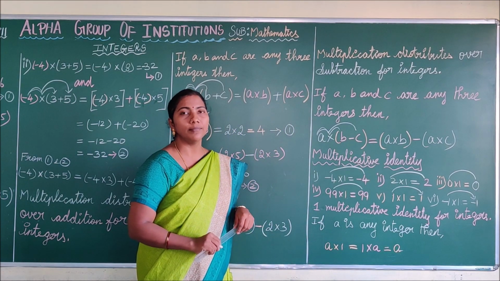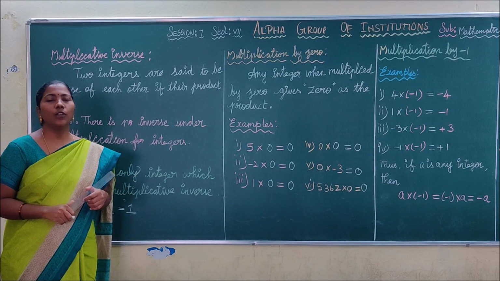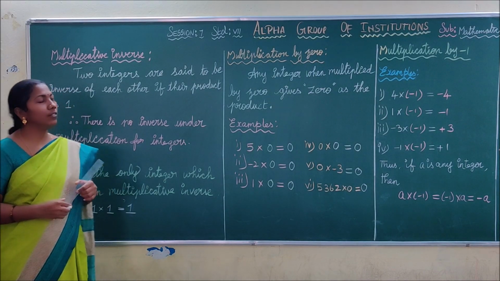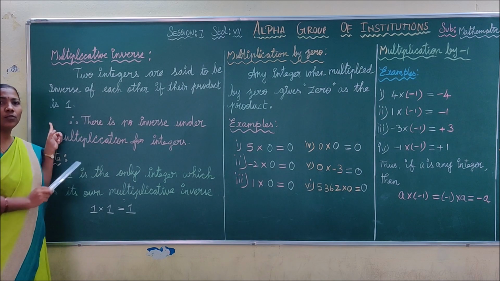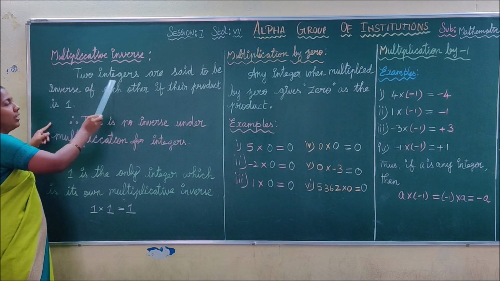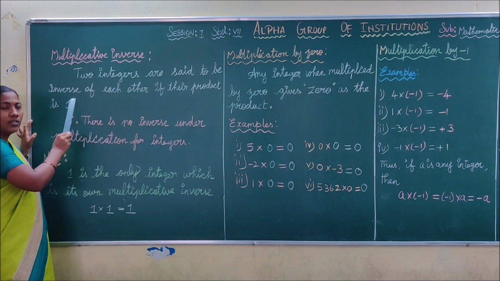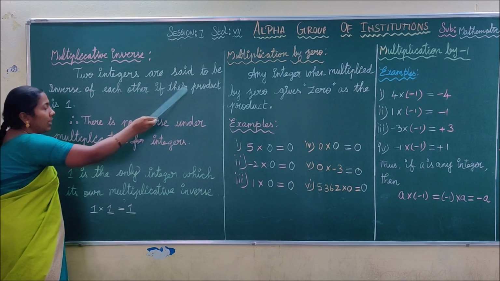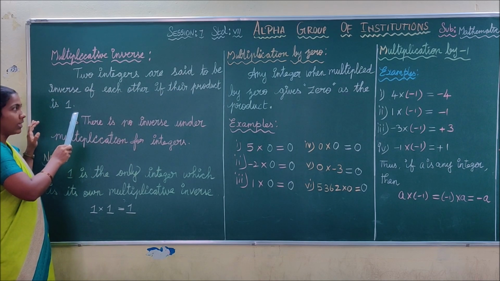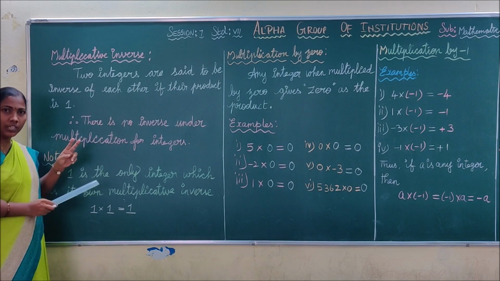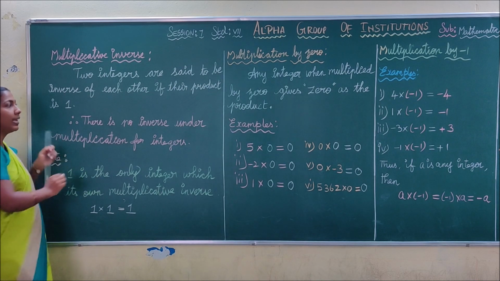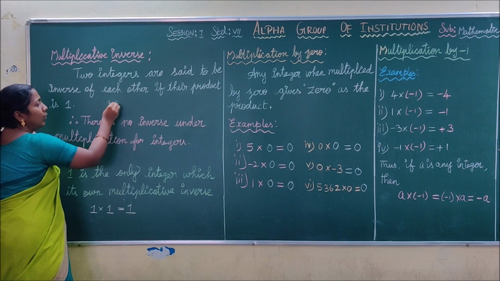It's clear, children? Next we are going to see multiplicative inverse. What is the definition of inverse, children? Two integers are said to be inverses of each other if their product is 1. That is, you have to find two integers and then find their product. That is 3 into 3.